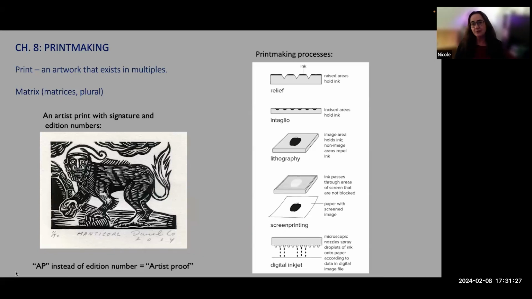Okay. Printmaking. If you have ever accidentally tracked mud in your house on the bottom of your tennis shoes, then you have a basic understanding of the principle behind making prints. So think about it. You stepped in some mud. Some of it stuck to the raised surfaces of your tennis shoes. When you stepped on the floor, the pressure of your weight transferred the mud from the bottom of your shoes to the surface of the floor, leaving a footprint, right?